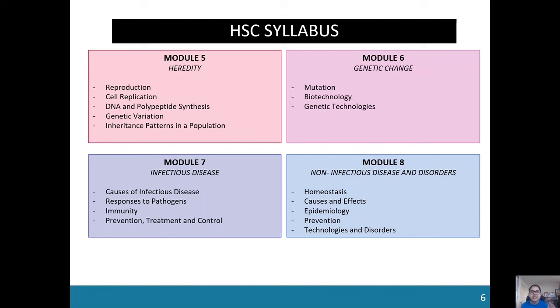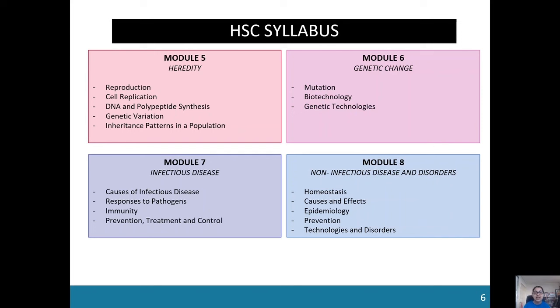Cell replication looks at the molecular processes of mitosis and meiosis, and how our DNA is being made ready before we can go ahead and have DNA and protein synthesis. Remember, replication happens before that, and then we look at genetic variation, and finally we finish off by looking at inheritance patterns in a population.